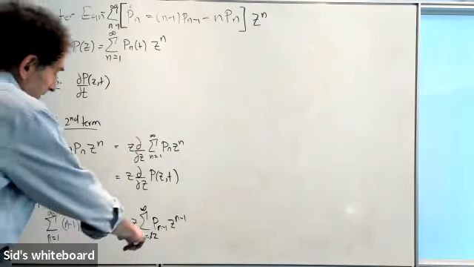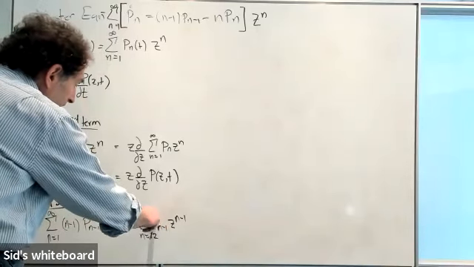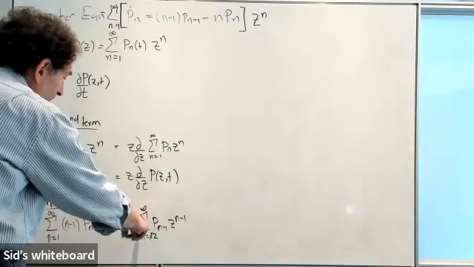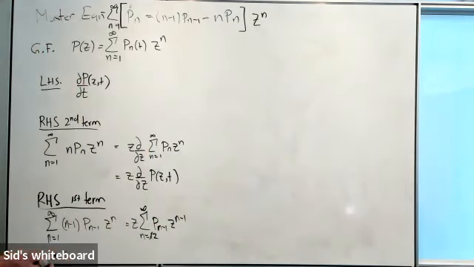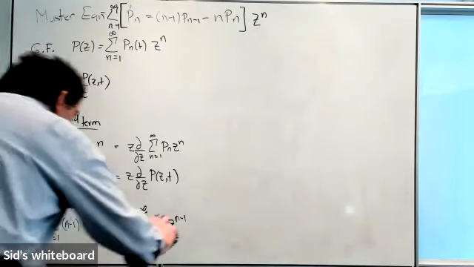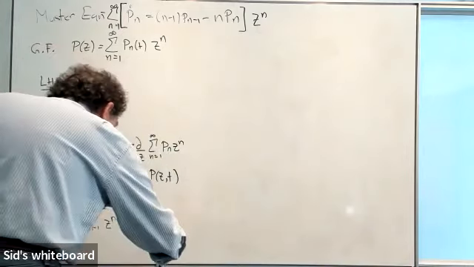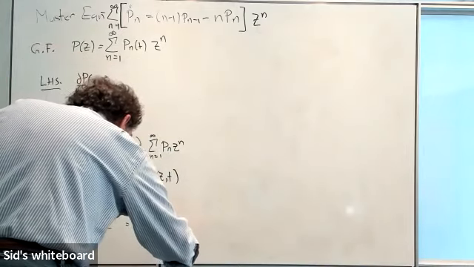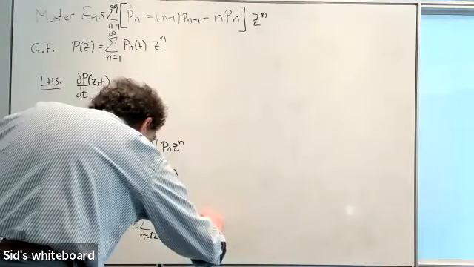But then if I now define a new variable m, which is n minus 1, this is just the summation over all m of z times p_m z to the power m, which is just, oh, whoops, sorry, I forgot something here. Let me go back 1 minute. I forgot the n minus 1 here: (n minus 1) P_{n-1} z to the power n minus 1.